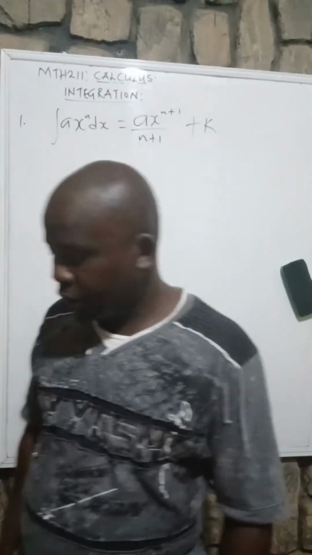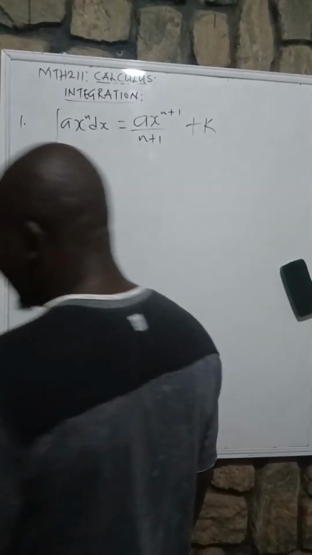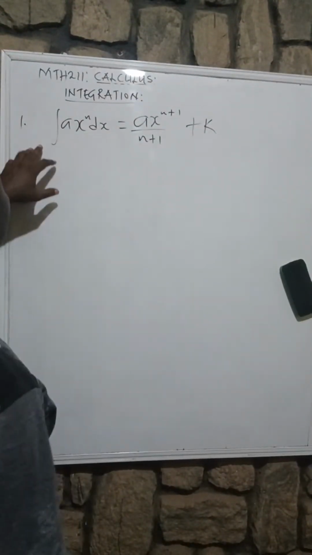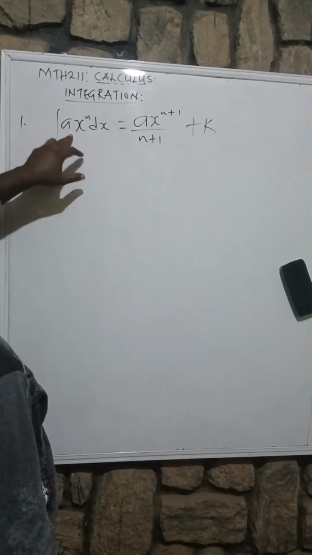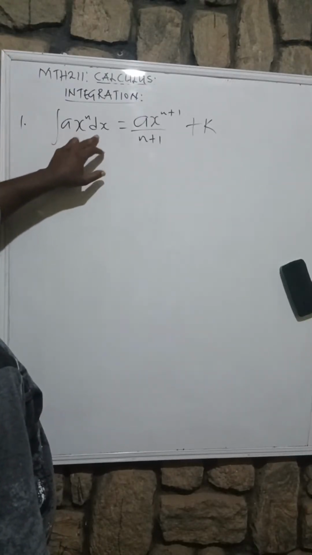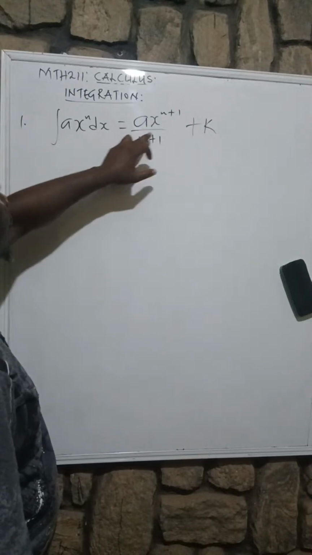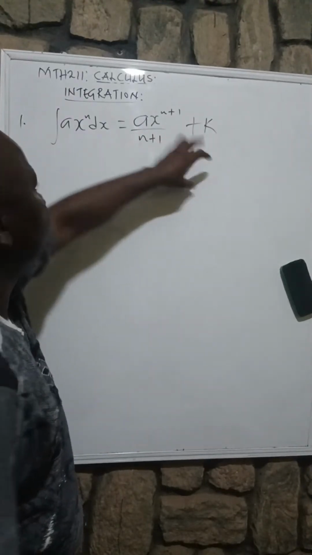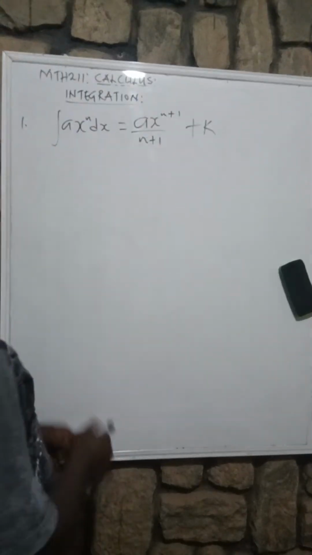So here we have 1. If we integrate x raised to power n dx, this will give us x raised to power n plus 1 all over n plus 1 plus any constant. And this is the formula for integration.